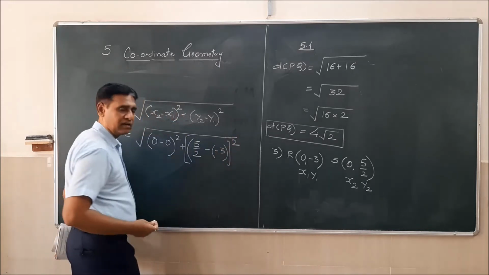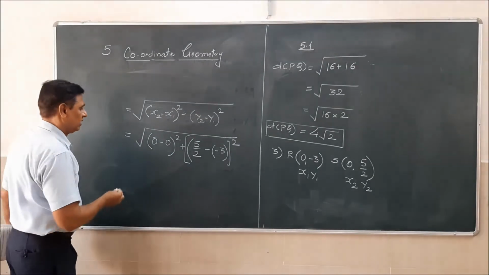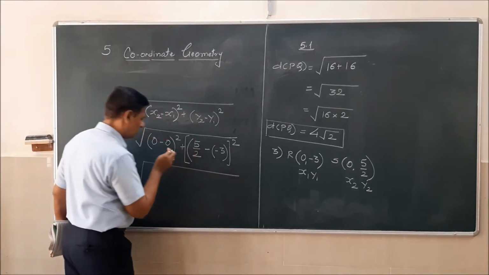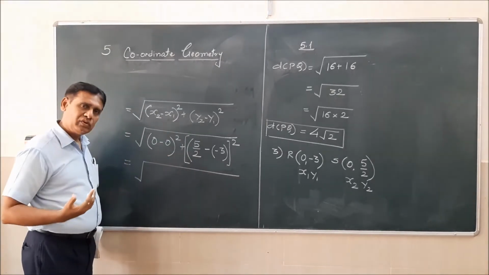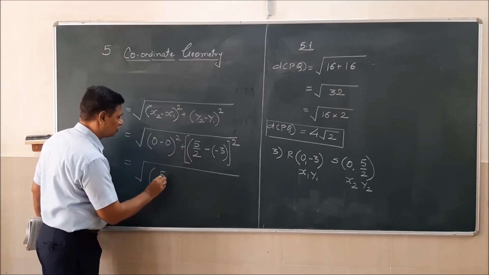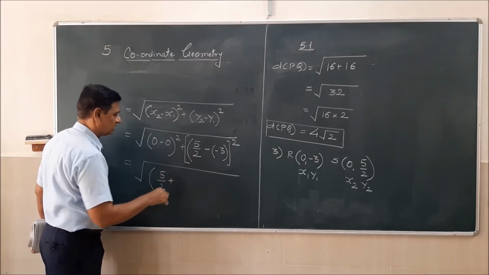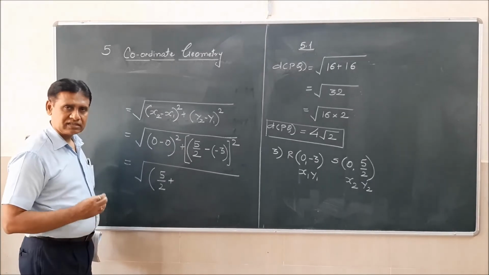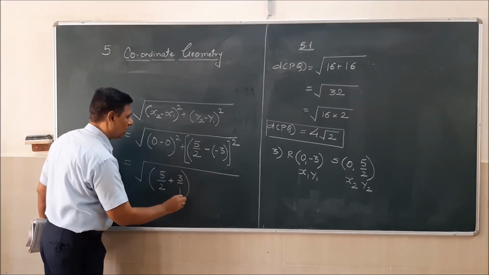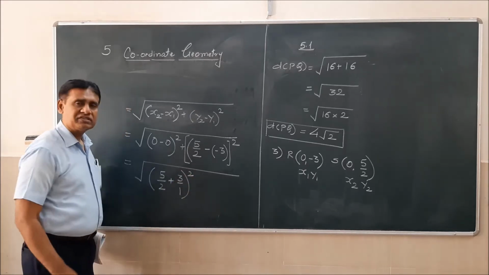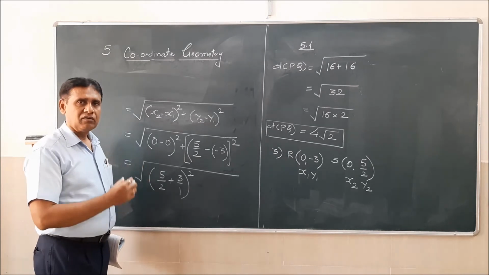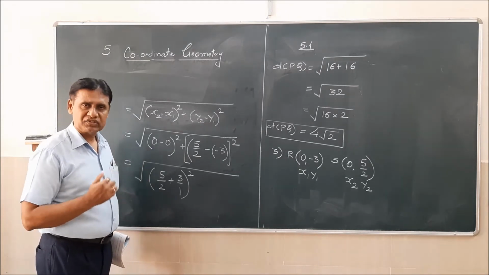After substituting values, let's simplify. Here you will get 0 minus 0, the whole square, will give you 0 only. But in this case, 5 upon 2 plus, minus into minus is plus, so it is 3 upon 1. Whenever one is a fraction and the other is an integer, for that integer we take the denominator as 1.